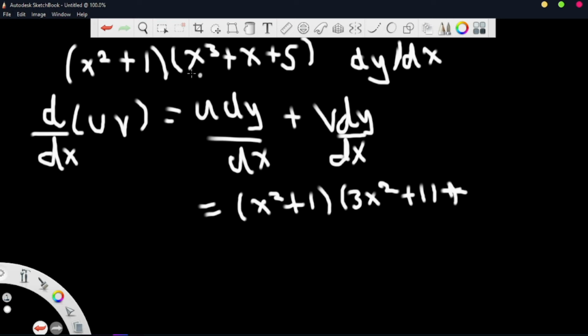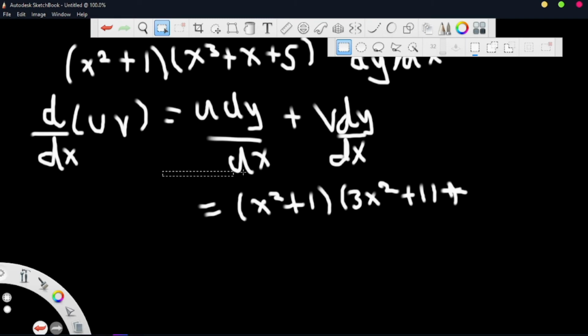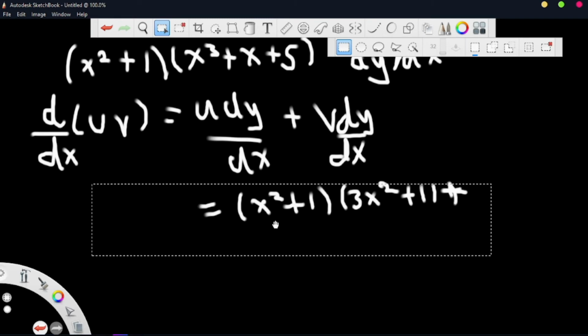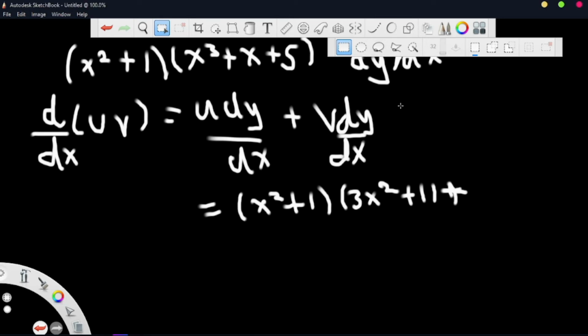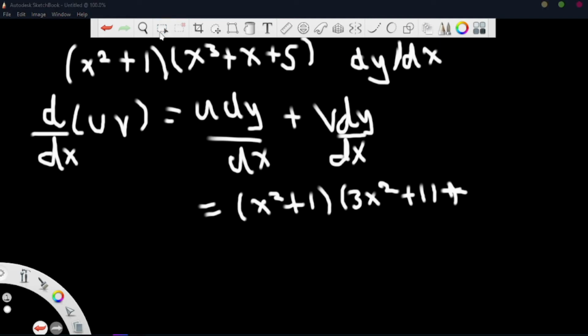Now this one is going to be the same. I'm going to give that my x to the third power plus x plus 5, but first I think I'll be better off expanding this.